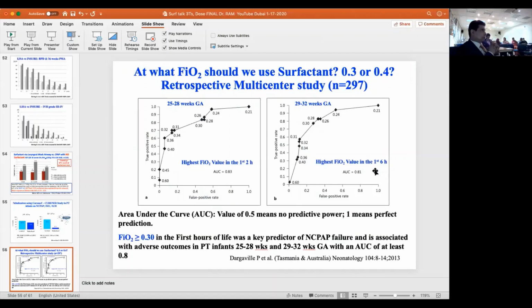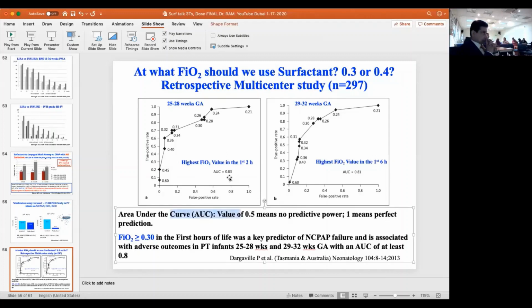Finally, at what FiO2 should we use surfactant? Is it 0.3 or 0.4? This is a retrospective multi-center study from Tasmania and Australia, published by Peter Dargaville. Looking at the receiver operating curve, here is the area under the curve. A value of 0.5 means no predictive power, and 1 means perfect prediction.